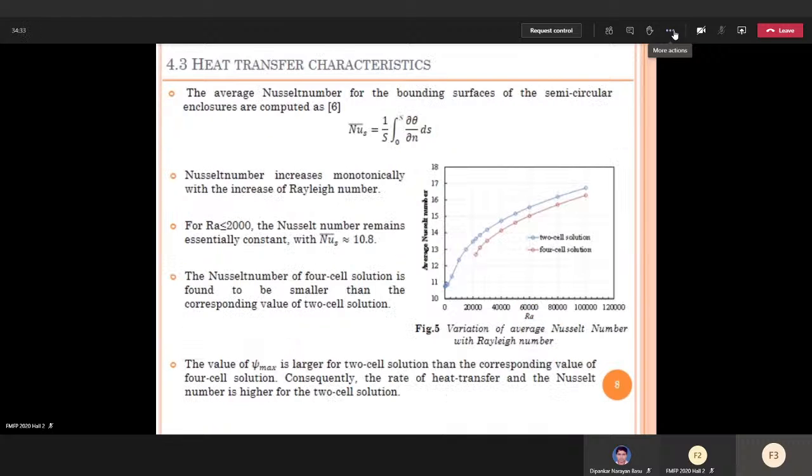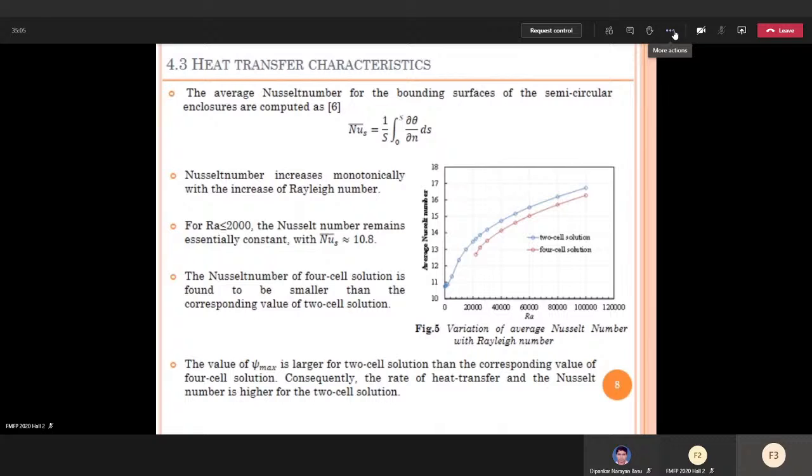Here, in this slide, we present the summary of heat transfer characteristics for the two-cell solution and the four-cell solution. From figure 5, we can see that average Nusselt number always increases as the Rayleigh number is increased. However, the rate of increase varies for different ranges of Rayleigh number. Particularly, for a very low value of Rayleigh number, say less than 2000, the Nusselt number remains almost constant with respect to the variation of Rayleigh number.